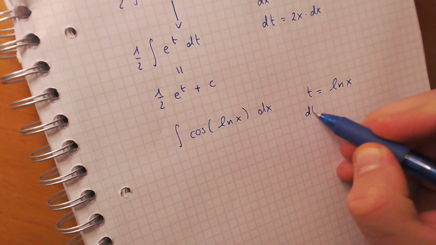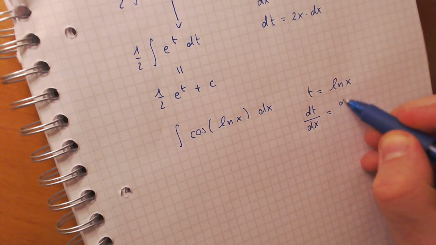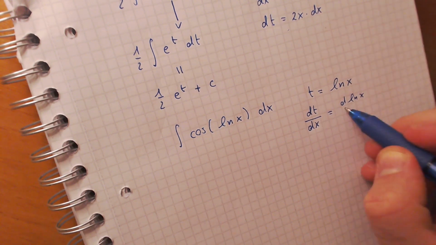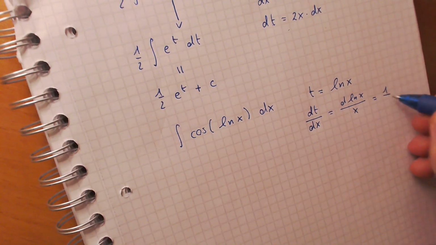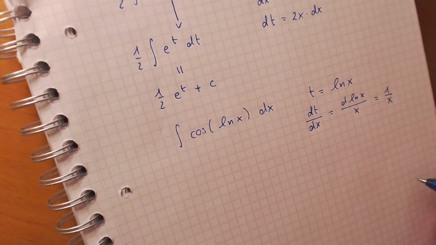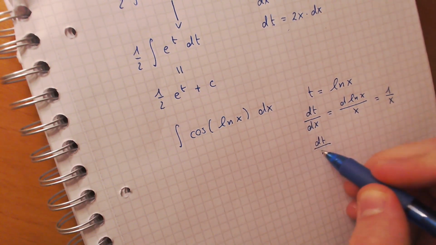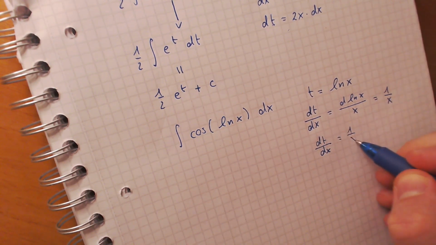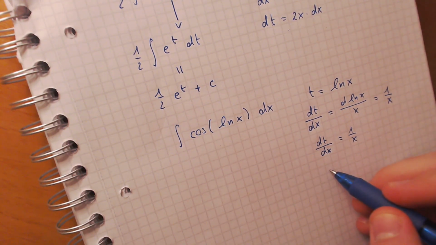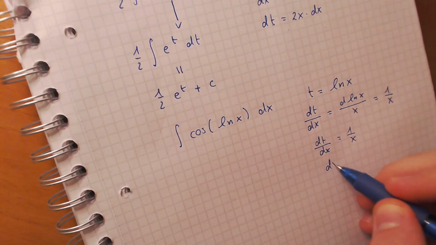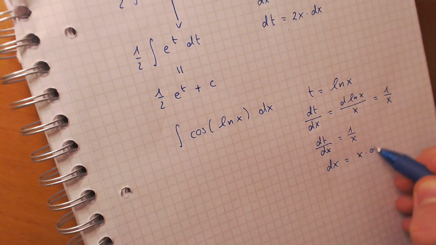Okay, so the derivative of t with respect to x is the derivative of the natural log of x with respect to x, which is 1 over x. So that means that dt over dx is 1 over x, but this means that dx is x times dt.